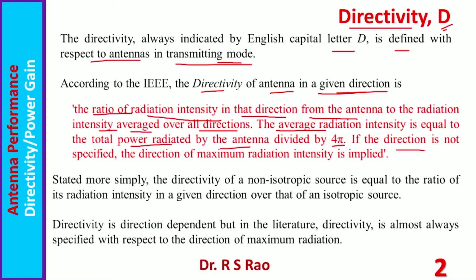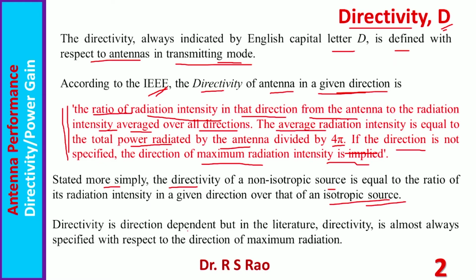If the direction is not specified, the direction of maximum radiation intensity is assumed or implied. This is the definition of directivity given by IEEE. Stated more simply, the directivity of a non-isotropic source is equal to the ratio of radiation intensity in a given direction over that of an isotropic source.